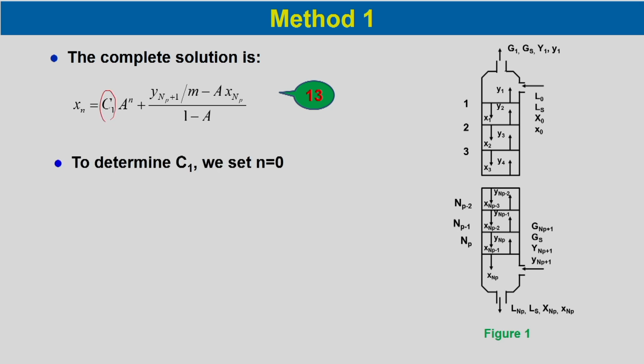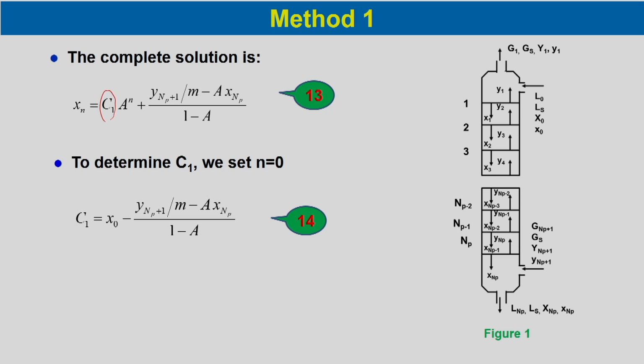To determine C 1, we set n equal to 0, and then we can obtain C 1 as x naught minus y n p plus 1 divided by m minus a x n p divided by 1 minus a.